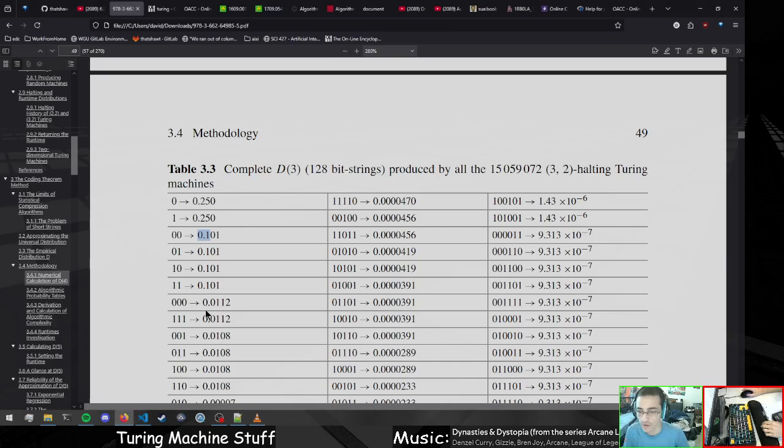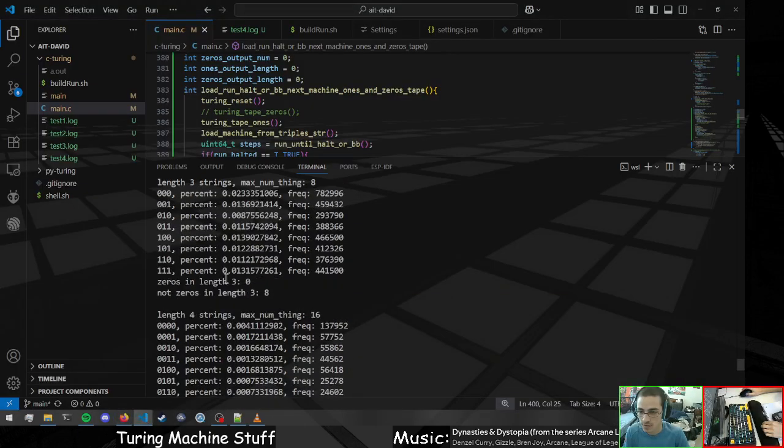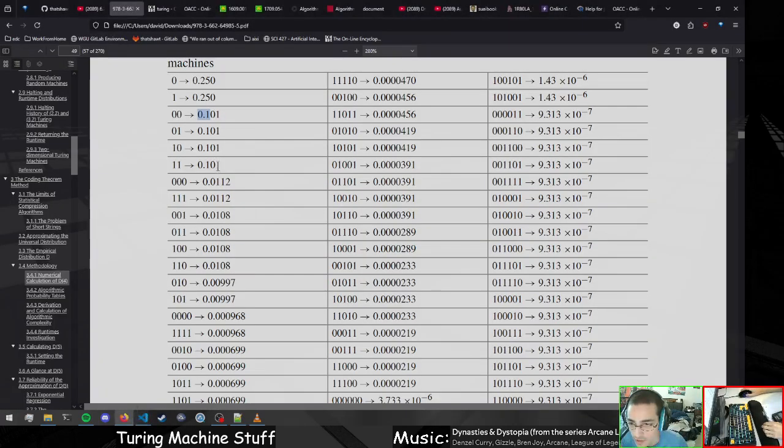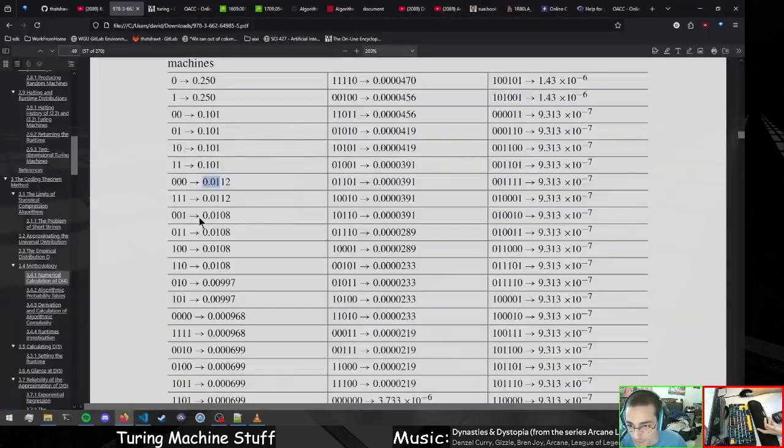In the 4 or the 3, let's do the 3. So here we got 0, 0, 0, 0. I got almost 0.01. It's 0.01 greater, almost 0. Whatever, it's pretty close. 0, 0, 1.